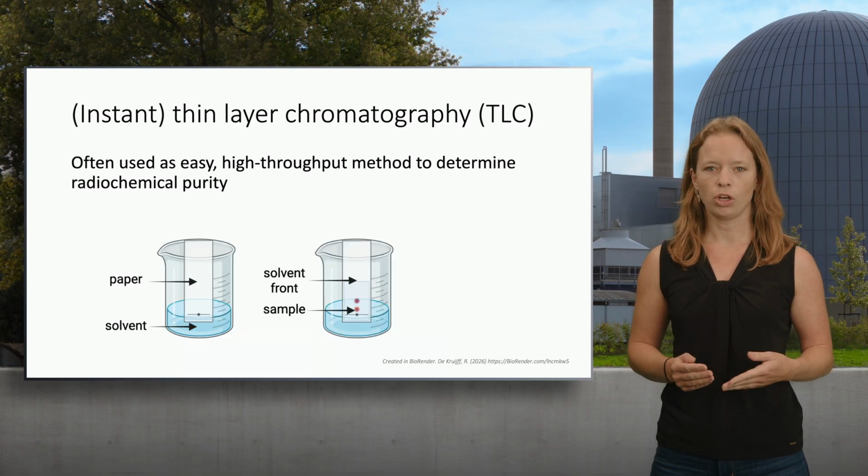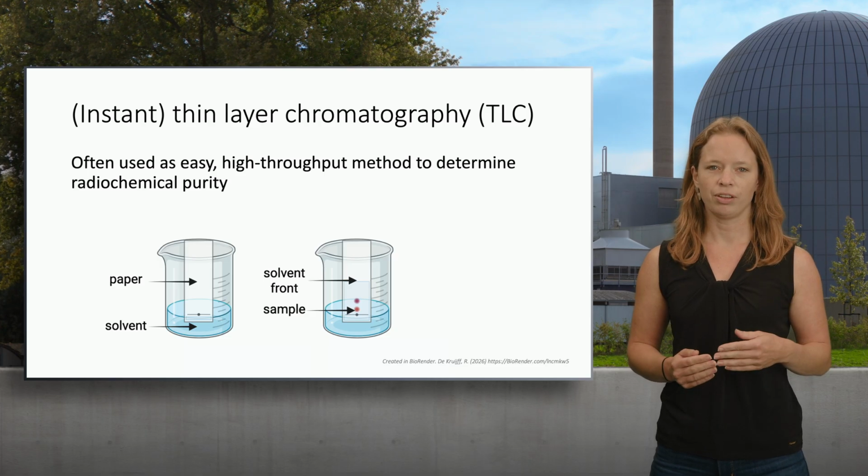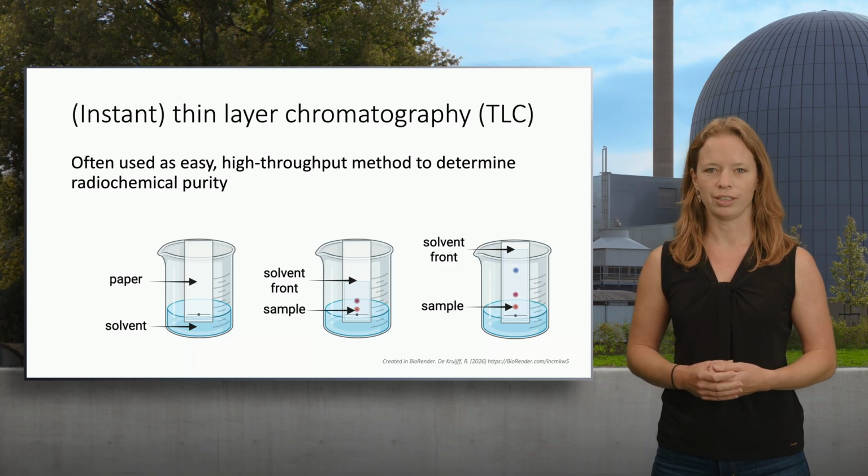In time, the solvent slowly moves up the paper, moving over the sample spotted on the TLC paper. And based on the affinity of the compounds in the sample with the solvent and the stationary phase, they either move up with the solvent or they stay at the bottom of the paper. When the solvent front is close to the top of the TLC paper, the paper is removed from the container and dried.